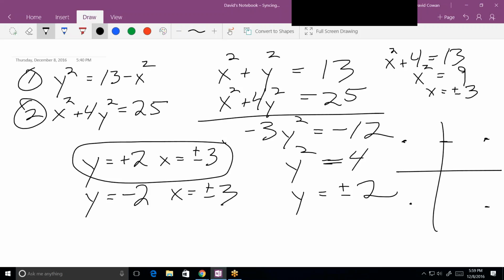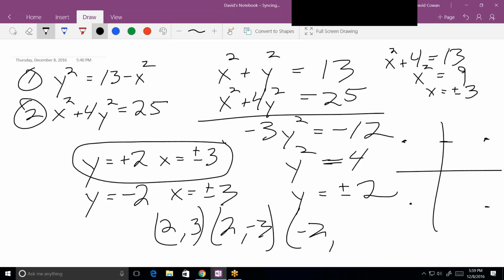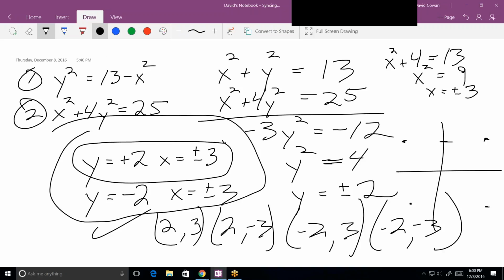So here are my actual solutions: 2 comma 3, 2 comma negative 3, negative 2 comma 3, and negative 2 comma negative 3. So there are the 4 points of intersection, and that's the way you would want to present your answer rather than the other way, which is a little confusing.